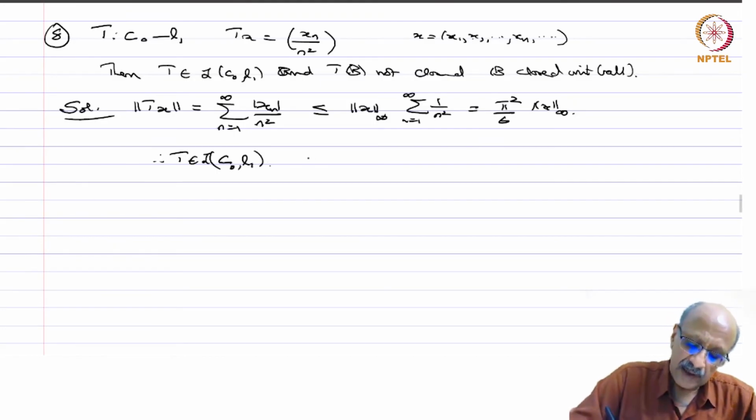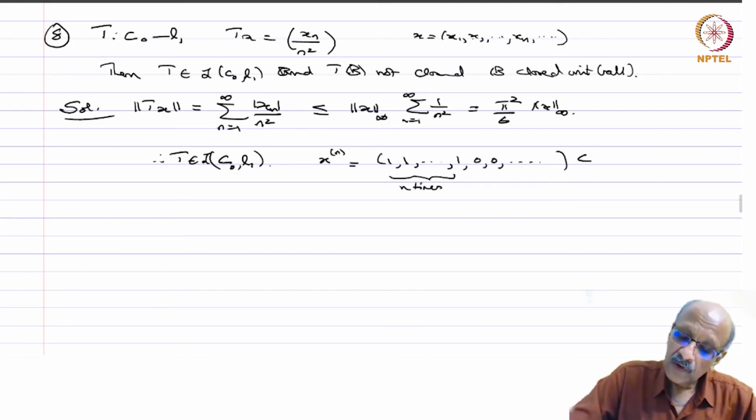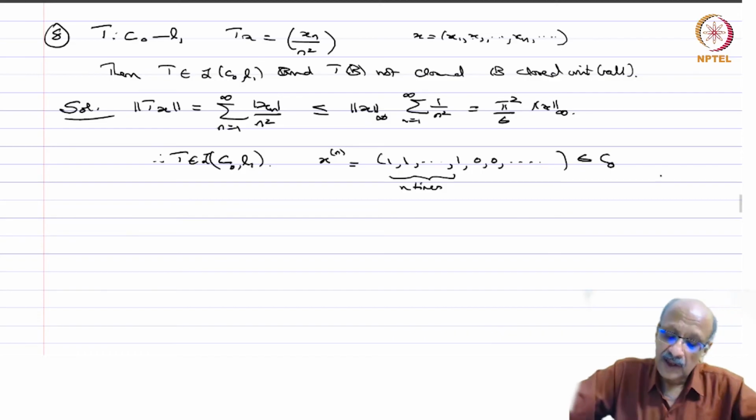Now you take in B, so you take xn equals 1, 1, 1, this is n times, followed by zeros. So this belongs to C0 because it's terminally 0.